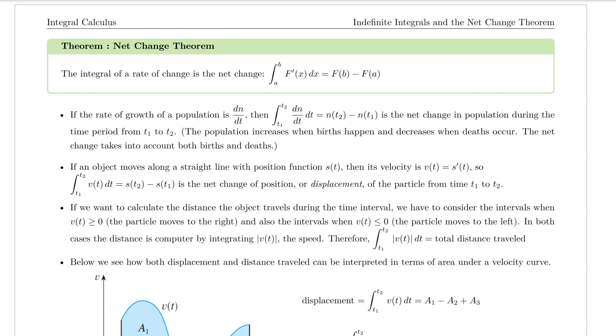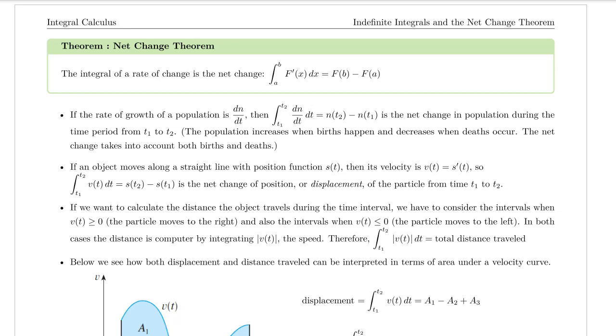The first one says, if the rate of growth of a population is dn dt, then the definite integral from t1 to t2 of dn dt times dt is equal to n of t2 minus n of t1, which is the net change in population during the time period from time 1 to time 2.